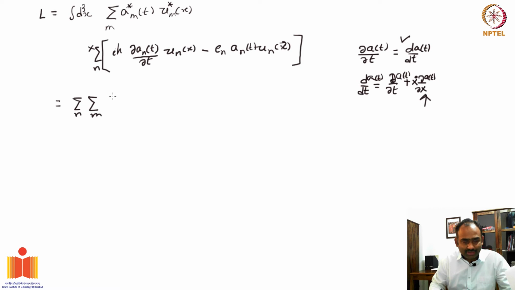So you get integral d cube x um star of x un of x, okay, times i h bar d over dt, which is a n dot, okay, I will use a shorthand notation, minus En an.